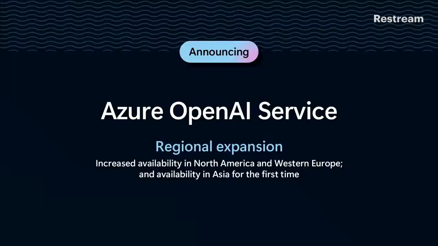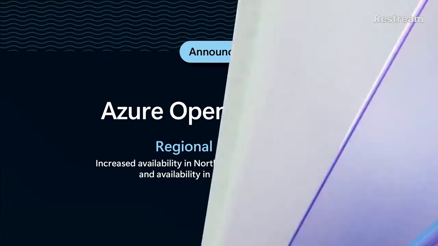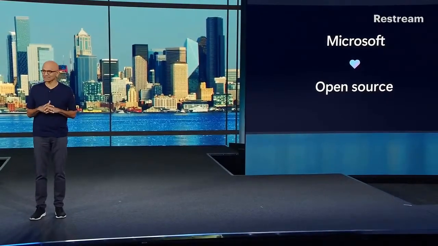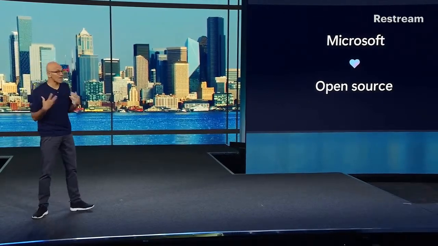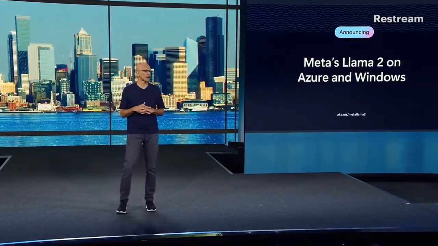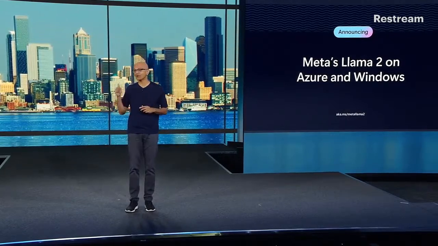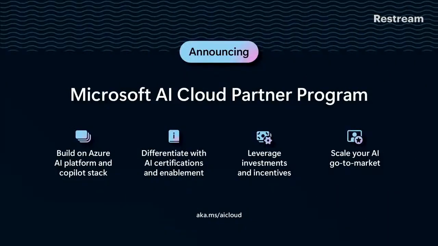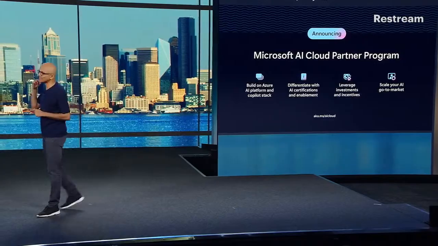Simply put, Microsoft loves OpenAI. We've now got more regional expansion in North America, in Europe, and for the first time, we're going to be able to deploy this in Asia. Microsoft loves open source. One of the things that we are very excited about today is the announcement of Meta's Llama 2 coming to both Azure and Windows. It's really exciting to see us completely revamp the investments, the incentives, so that you all can really take advantage of everything that this AI age has to offer.